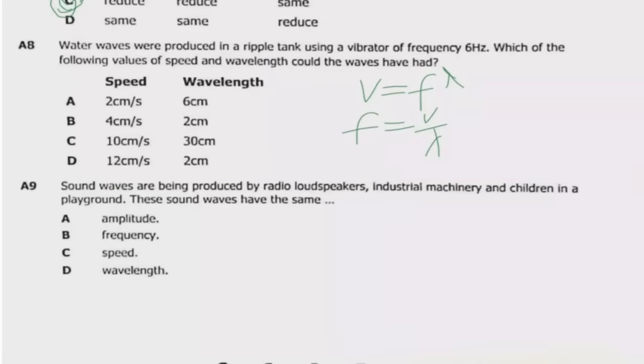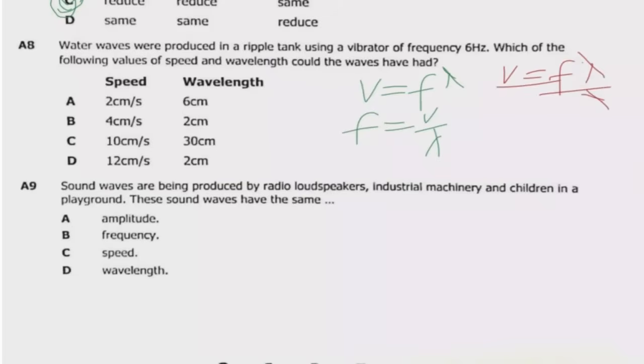In case you're wondering how you can make frequency the subject of the formula, from this we can say speed is equal to frequency times wavelength. So we divide both sides by wavelength.